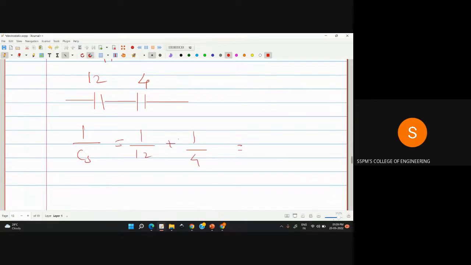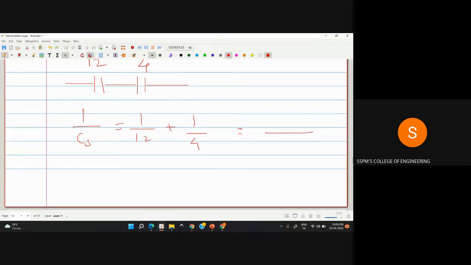You solve it: LCM is 12, so it will be 1 plus 3. 3 fours are 12. So 12 will come here. 1 upon CS is equal to 4 divided by 12, which is equal to 1 upon 3. So CS is equal to 3 microfarad. So option C must be correct.